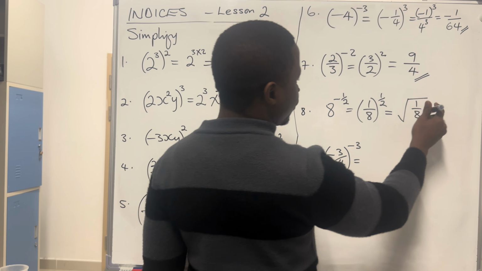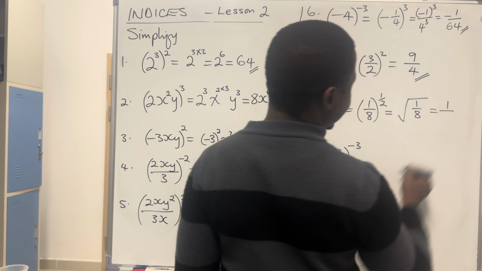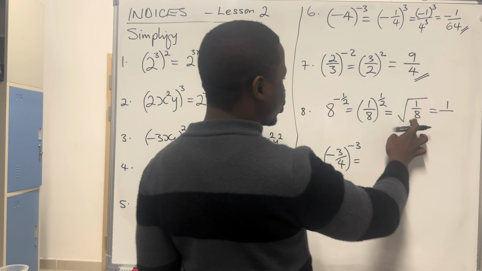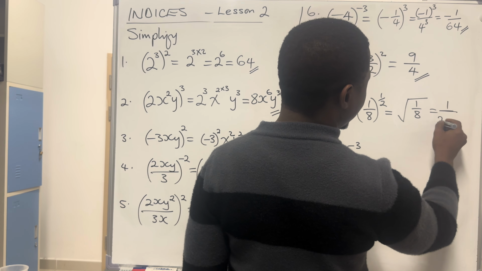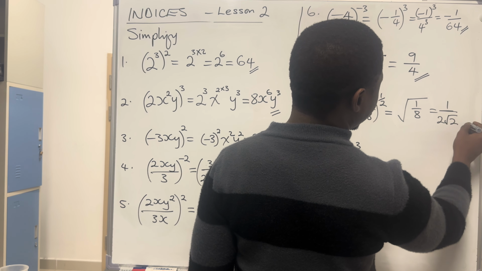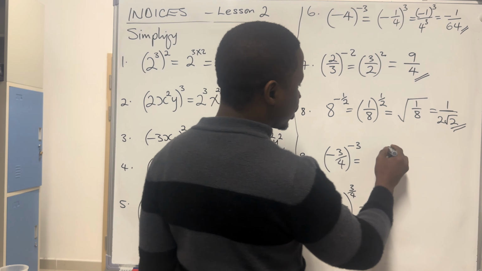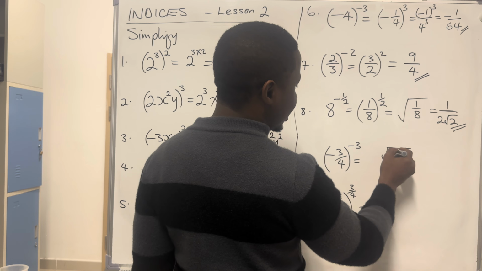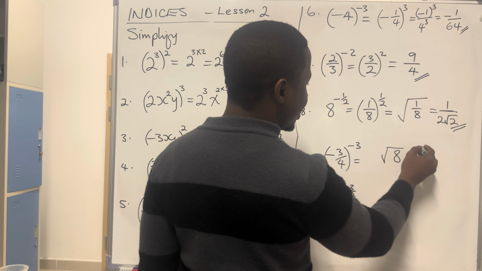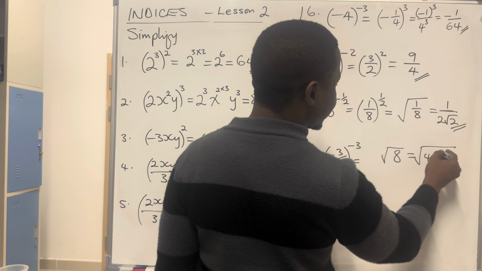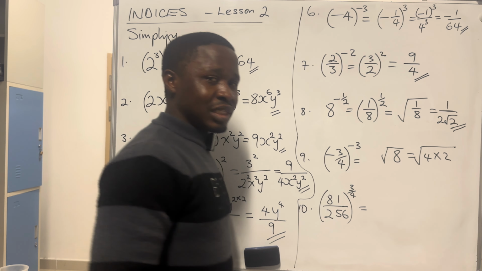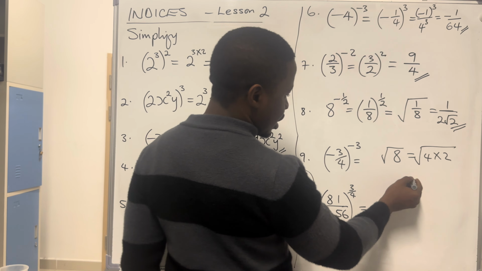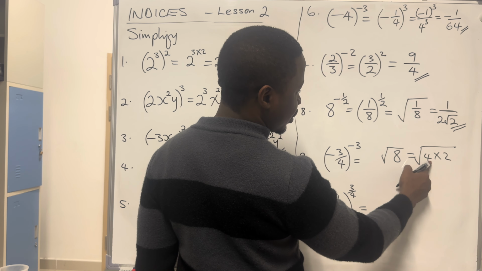So the square root of 1 is 1. The square root of 8 will give us 2 root 2, because 8 here can be written as 4 times 2. Is 4 times 2 not 8? It is 8. What is the square root of this 4?